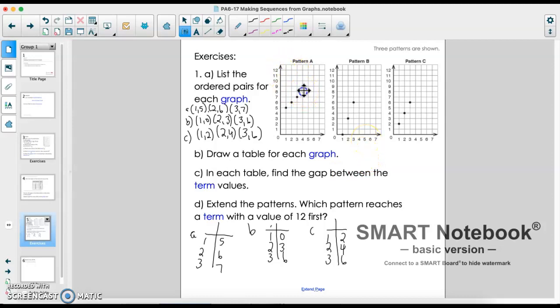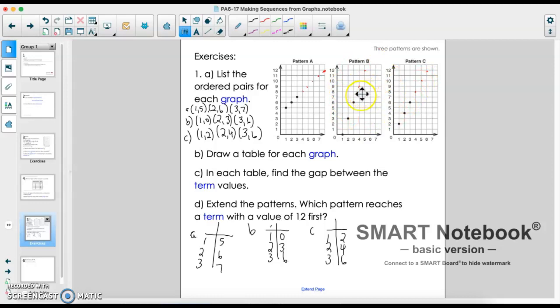It's a bit small, but pattern A won't hit 12 until the twelfth term. If B is going up by 3s, we go over 1 and up 3, over 1 and up 3, and so that hits it by the 5th term. This one goes over 1 up 2, over 1 up 2, and over 1 up 2, so it'll hit it by the 6th term.